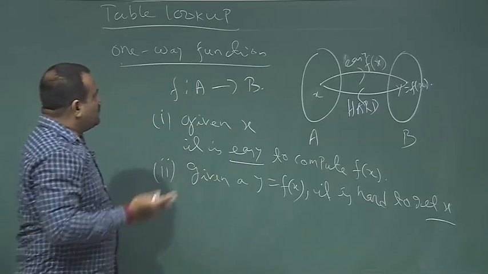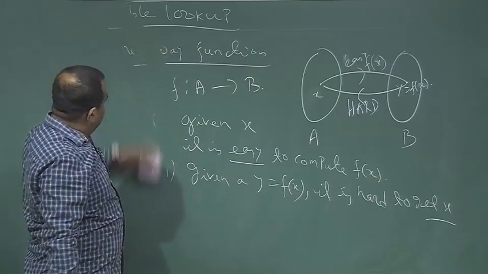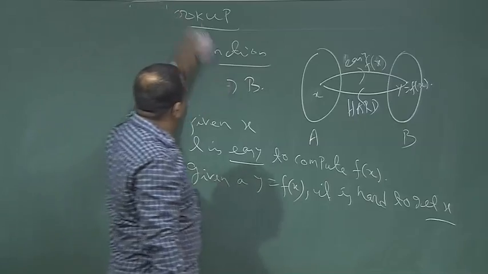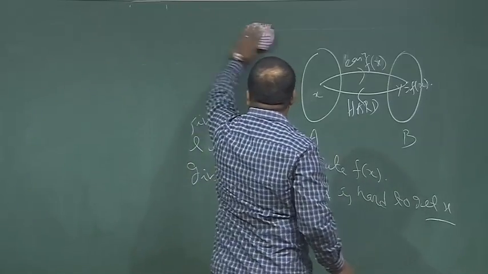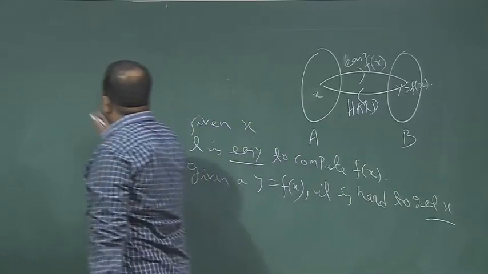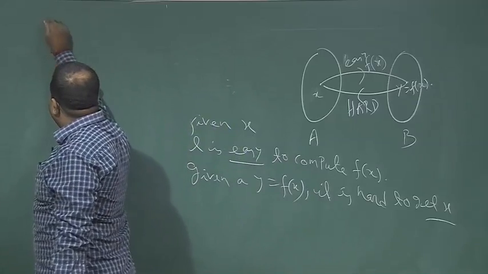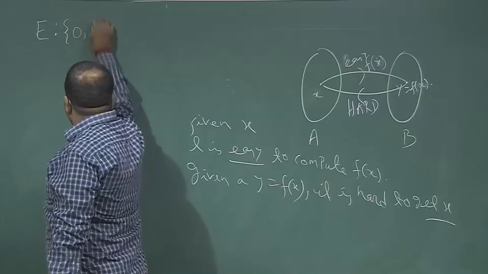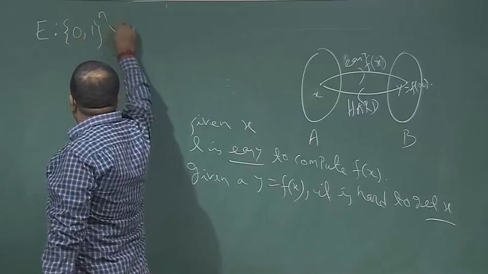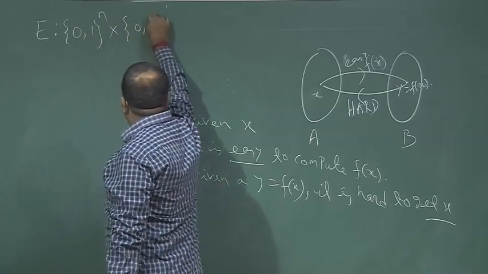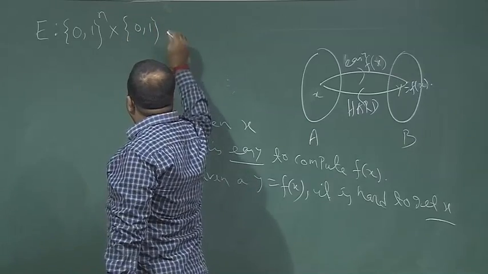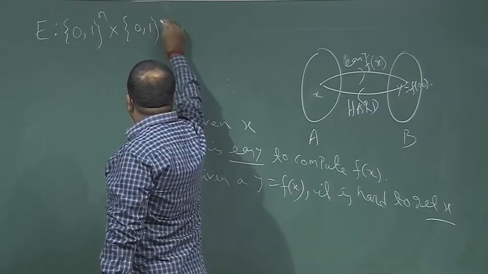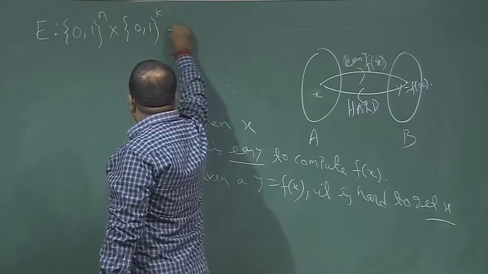So, every cryptographic primitive is basically a one way function, like if we consider a block cipher. If it is an n bit block cipher, we have a k bit key.